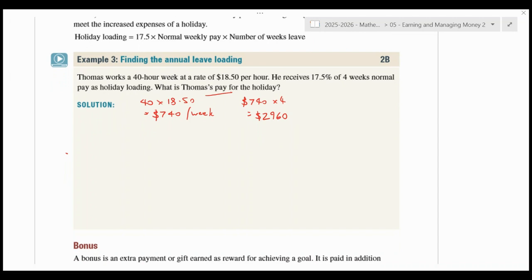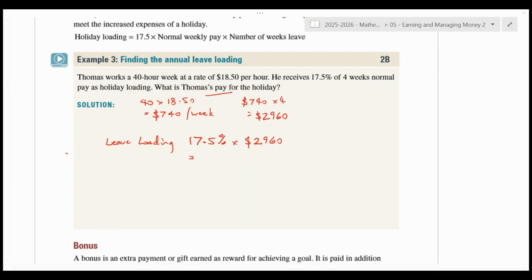So $2,960 is the normal pay he would get for those 4 weeks. So I'll call this the leave loading: 17.5% times 2960. You would put that into your calculator.